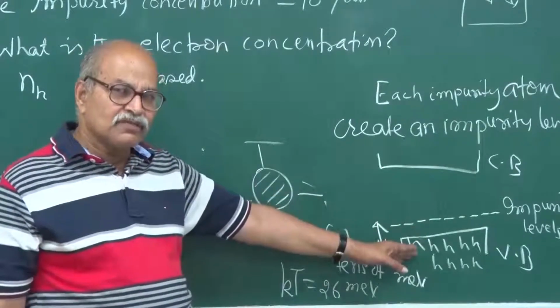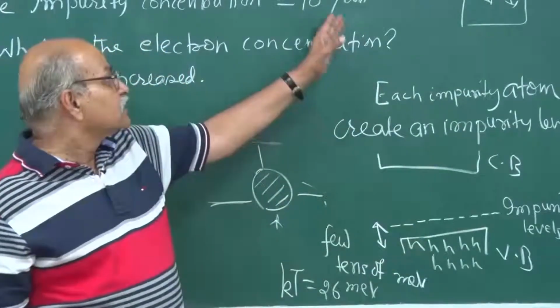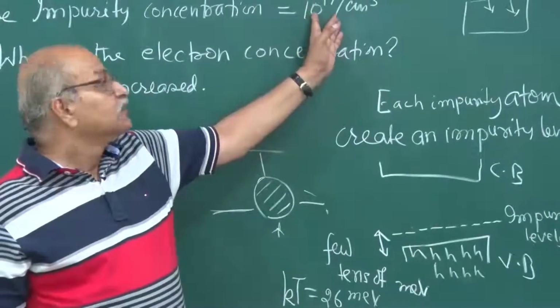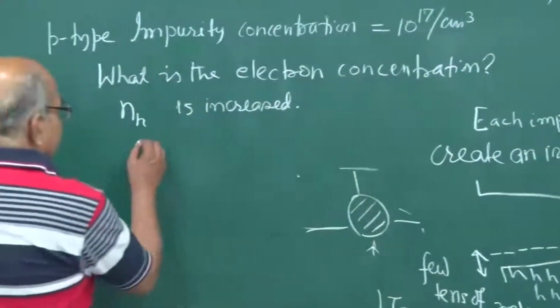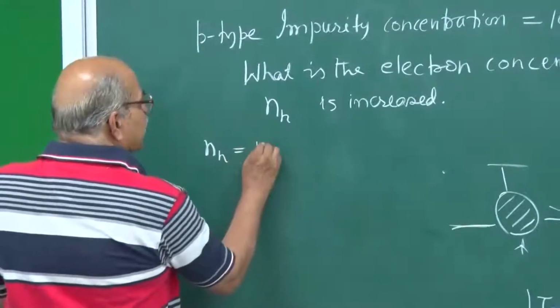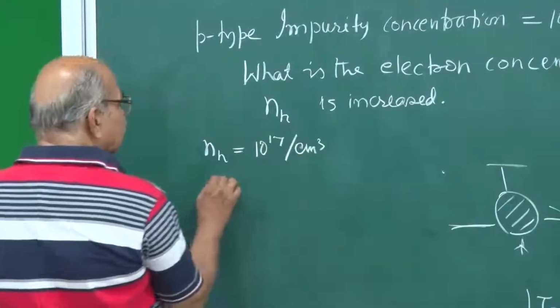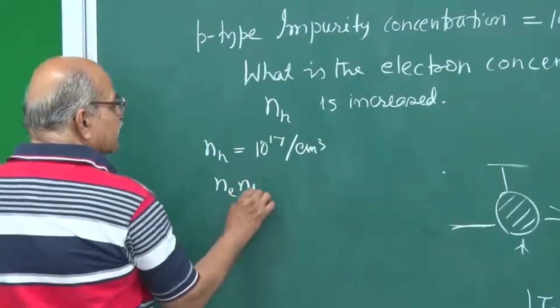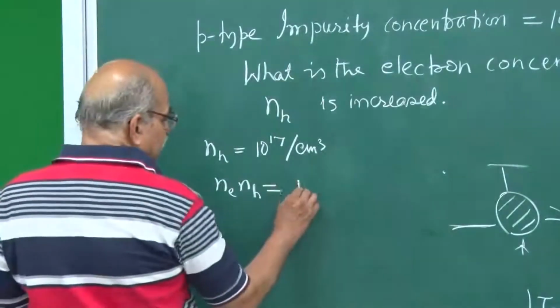So almost the whole concentration will be the same as the concentration of this dopant impurity. So I can take this Nh to be 10 power 17 per centimeter cube, and then Ne times Nh is independent of doping, and that is Ni square, the intrinsic concentration squared.